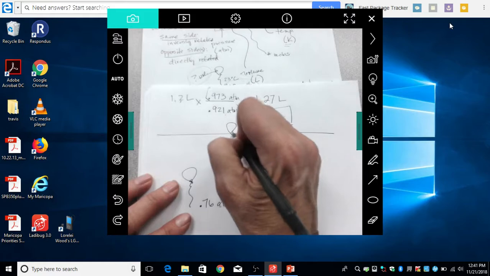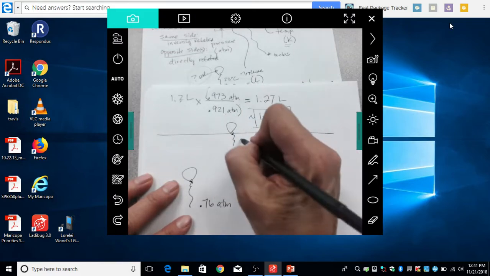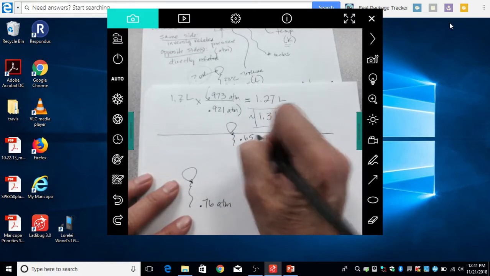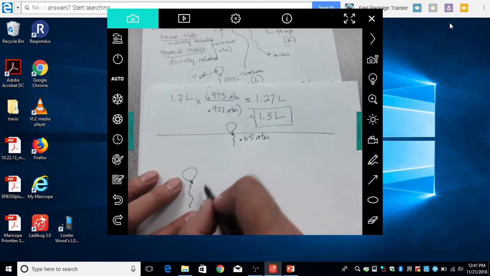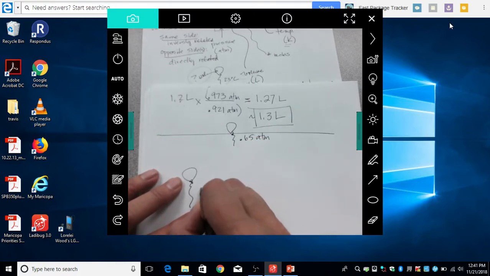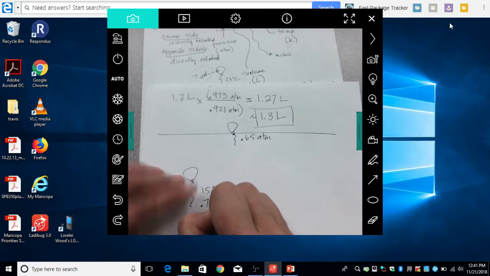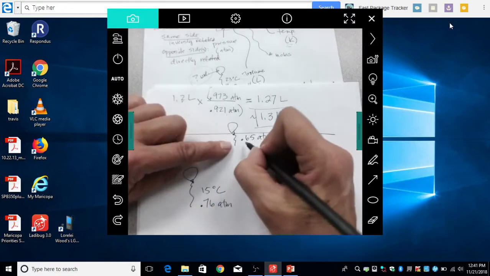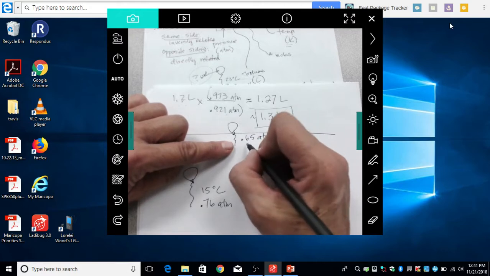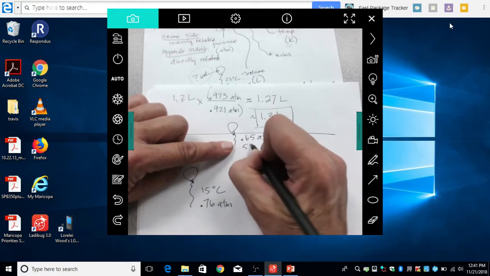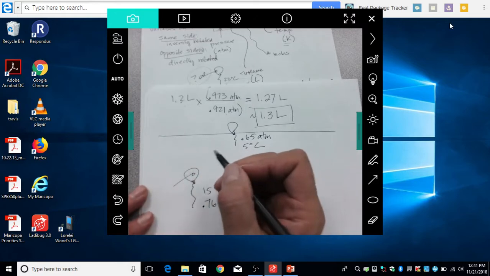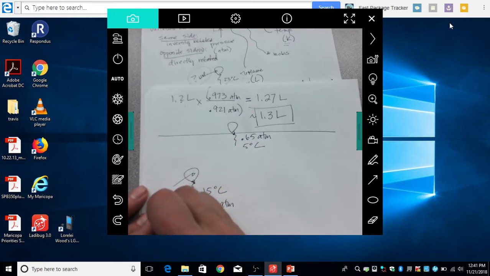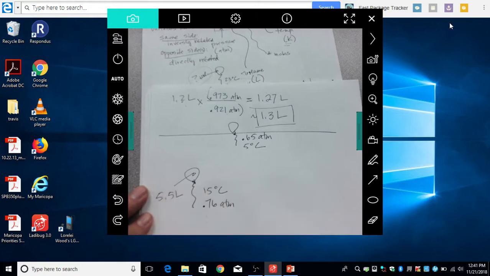And it goes very high up in the air, and it's going to go down really low to 0.65 ATMs. The temperature when you let it go is pretty chilly. We'll say it's 15 degrees Celsius. And it gets even chillier when it goes up in the mountains, bless you. We'll say it gets down to 5 degrees Celsius. All right, so now our balloon is going to start out, it's a big balloon. It's like a weather balloon. We'll say it's like a 5.5 liter weather balloon.